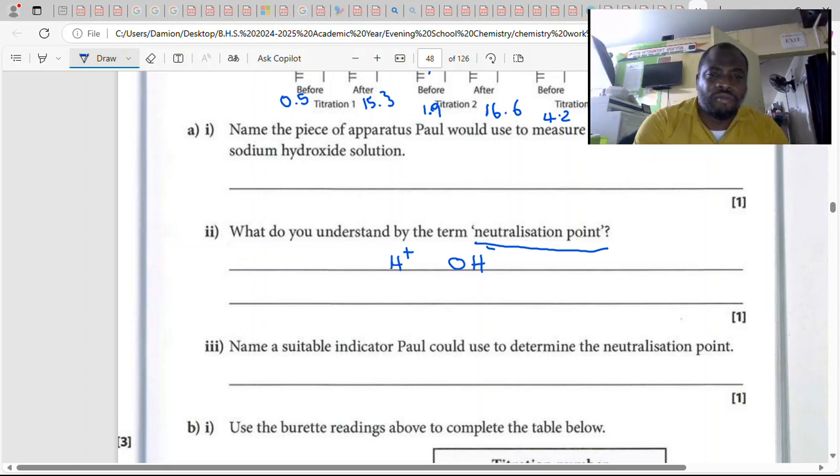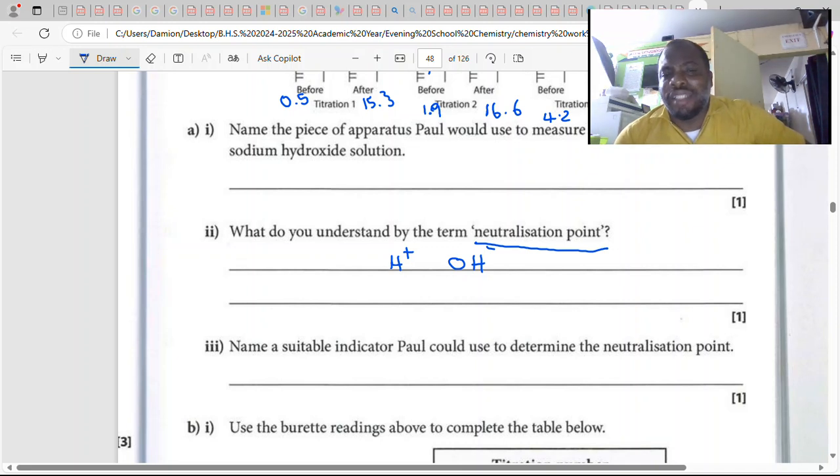Cool? So we want to get that in focus. None of these ions would be in excess of each other. So they're basically at a point where they're equal. So that's the neutralization point.